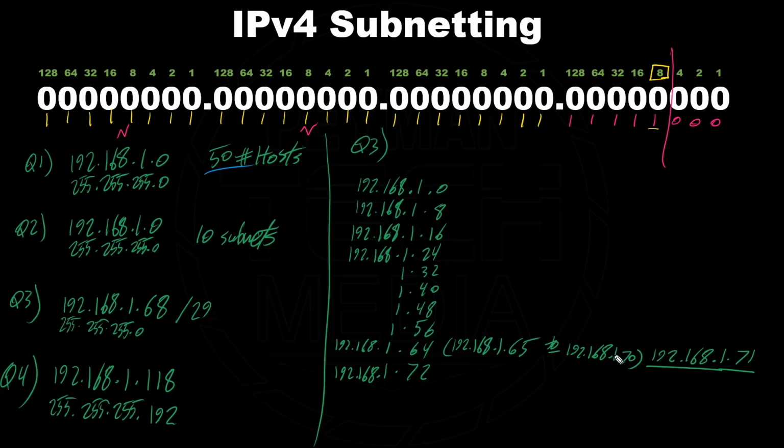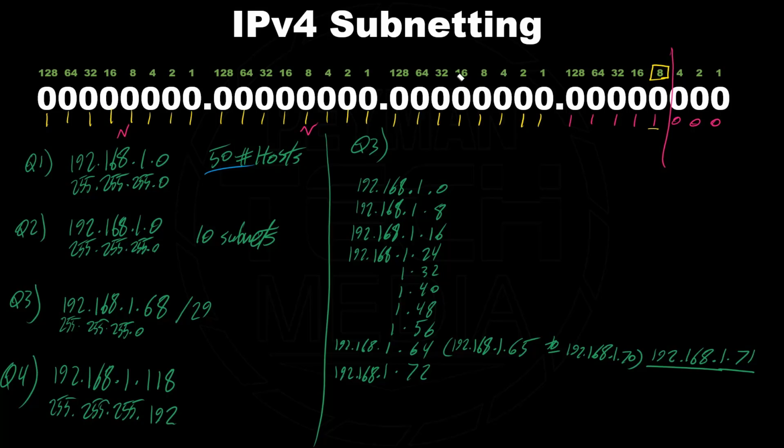So this CIDR notation of 29 will give us a new subnet mask, right? The default subnet mask for class C we talked about earlier is 255.255.255.0, but what is the new subnet mask? Here we can see 8 plus 8, that's 16, plus 8, that's 24. That's where the 255.255.255 comes from. All the 8 bits in this octet, we add all these decimal values.